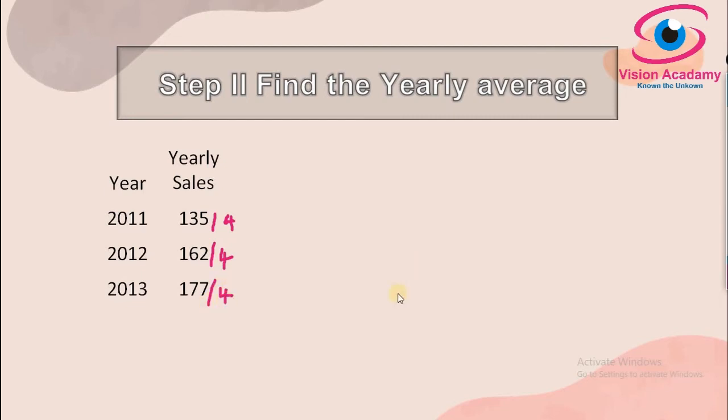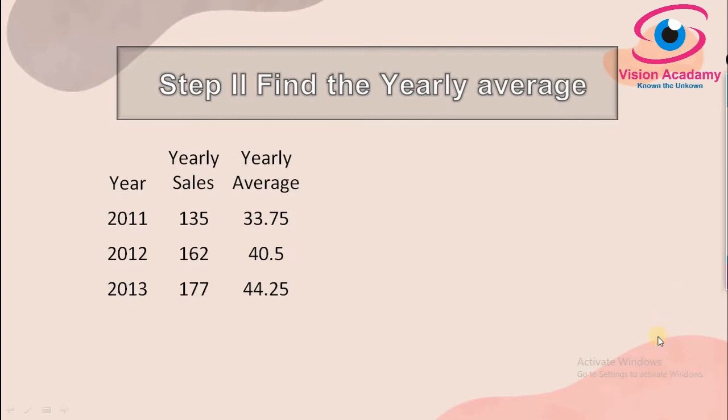Then we will obtain the yearly average. 135 by 4 is 33.75, 162 by 4 is 40.5, 177 by 4 is 44.25. So we have finished step number 2 also.